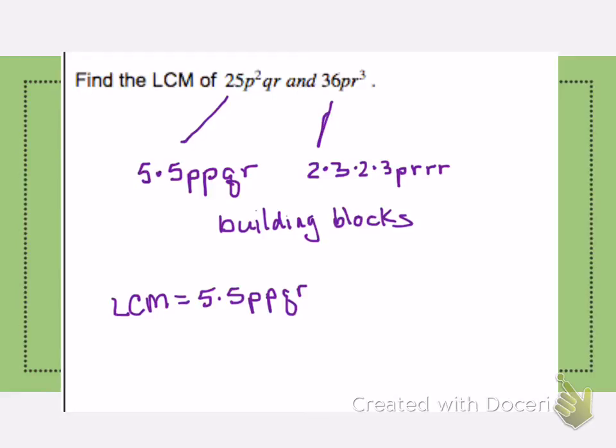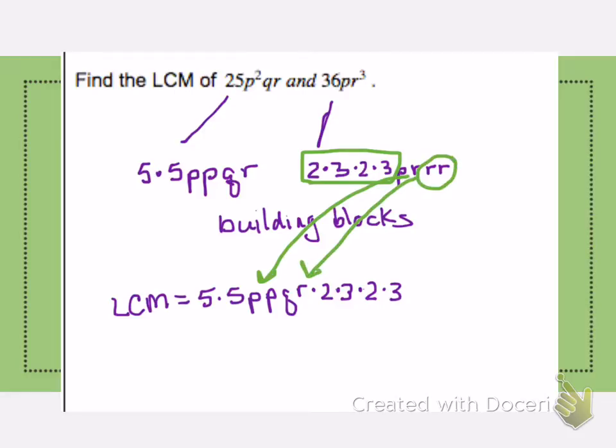I don't have any of the numerical coefficients, so I know I need to put those all in. And I look, and I do have one factor of p, so I'm good there. And I have one factor of r, so that's good, but I need 2 more.